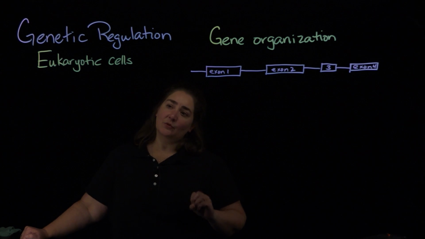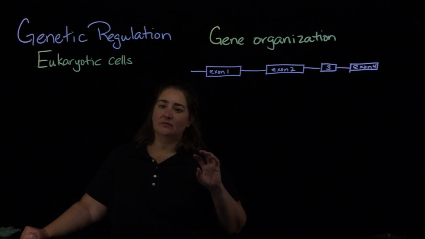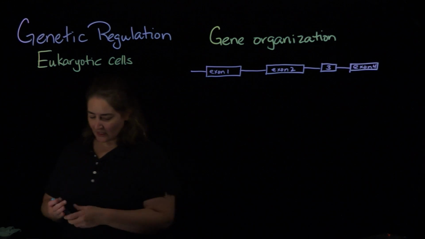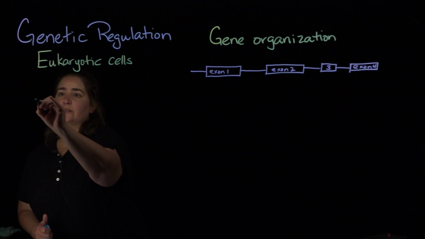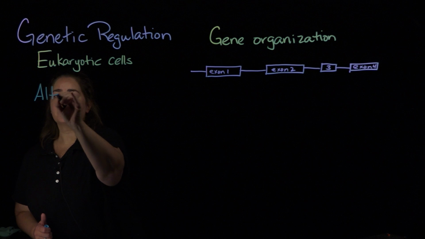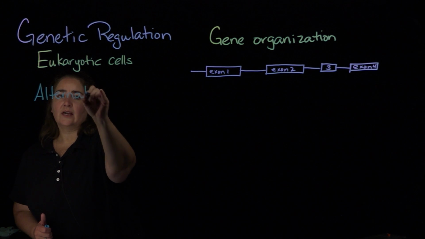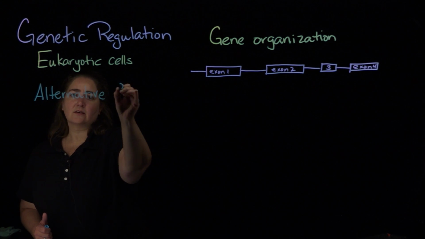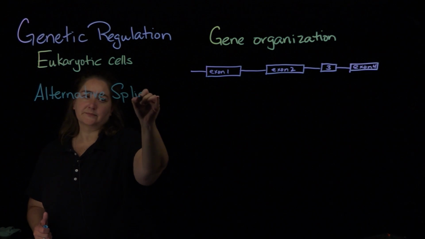All right, welcome back. In terms of gene regulation, there's one more topic I want us to cover in a little more detail. And that's the process of alternative splicing.